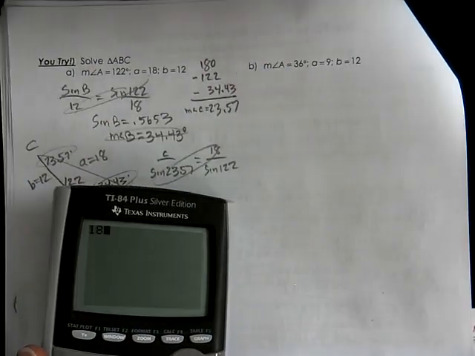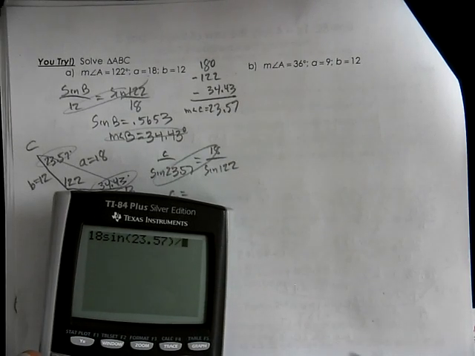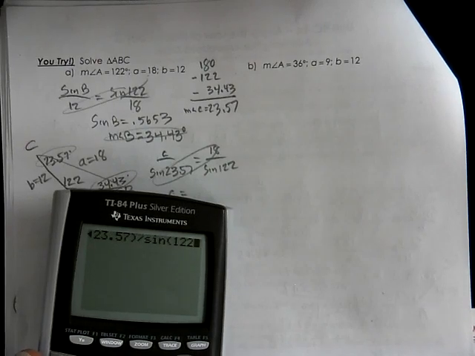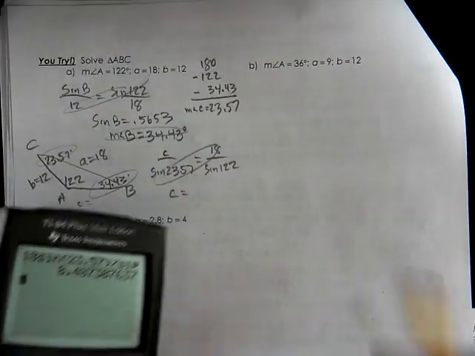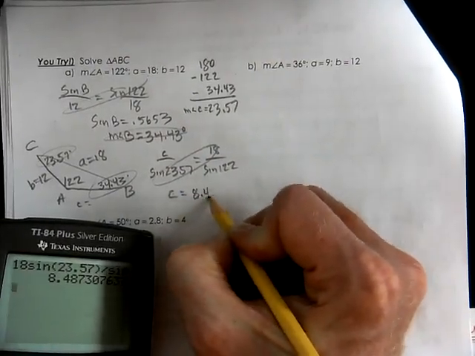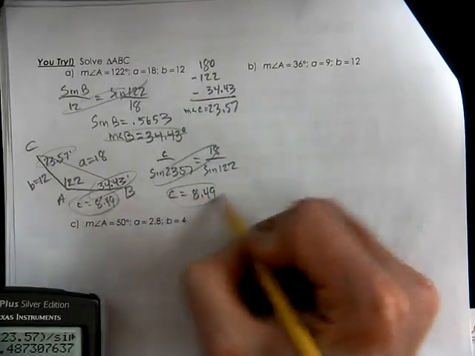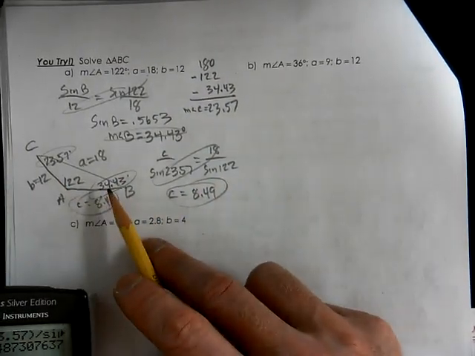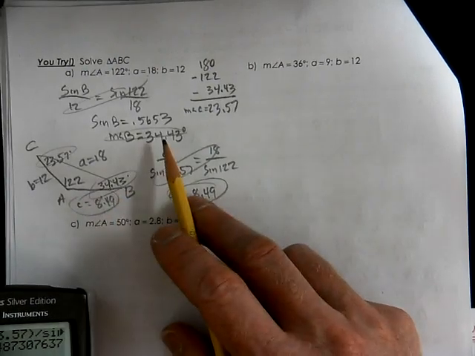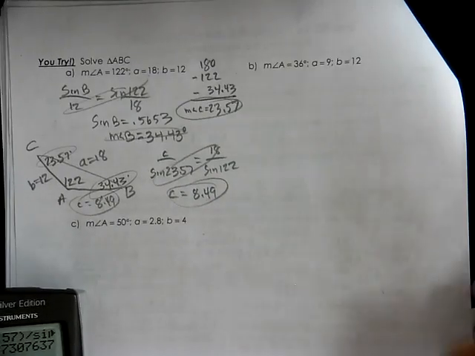So that gives us 18 times the sine of 23.57, close the parentheses, divided by sine of 122. And we get 8.49. Now we have all the information that we needed. Two angles and a side.